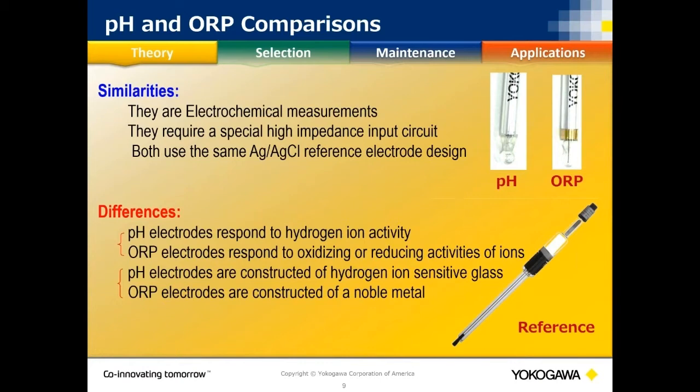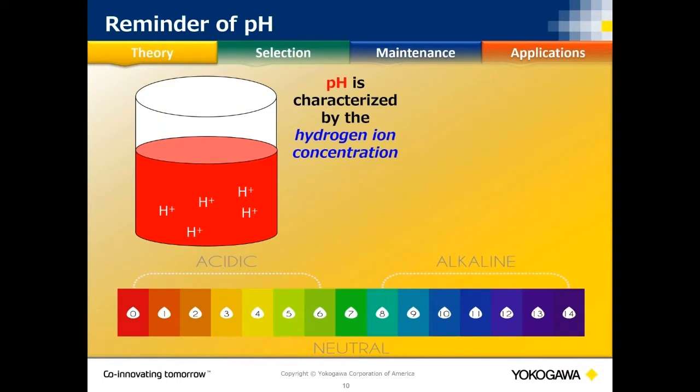Both pH and ORP are what we call electrochemical measurements. The only difference is, whereas with pH you have a glass, remember that's porous, that has holes, that reacts and measures just hydrogen. ORP is going to be a noble metal, either platinum or gold most commonly, and it reacts to anything that is oxidizing or reducing in your process.